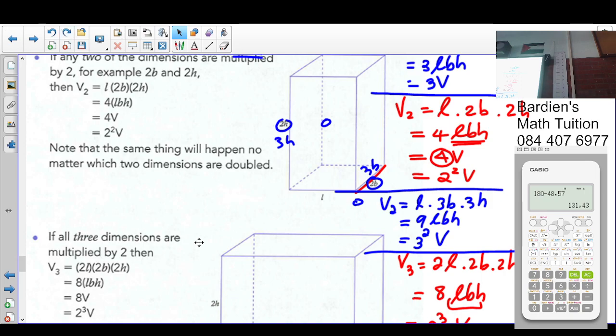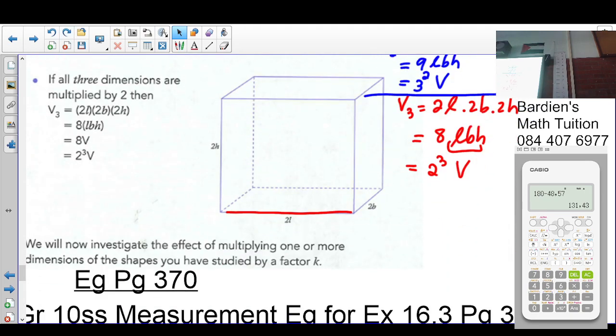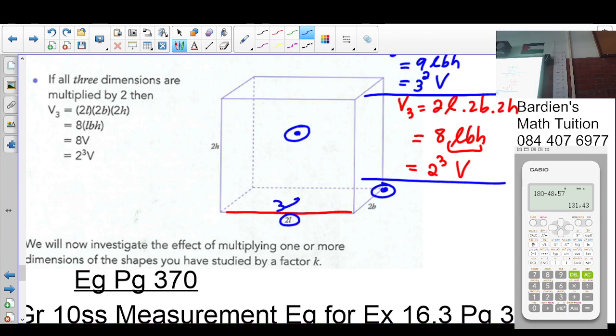And on the last case, this is now the third case. Your length is now 3L, your height is 3H, and your breadth is 3B.